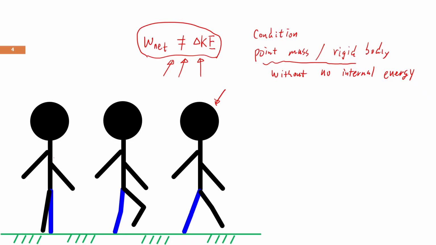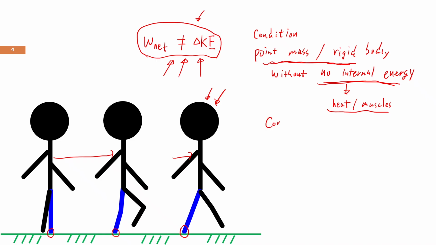Clearly, different parts of the person move differently, and the contact point never moves. But also, the person has a lot of internal energy. The person has heat, right? We have our body temperature. Also, we have muscles, tendons, and a lot of moving parts. So a person clearly has internal energy and clearly is not a point mass. As a result, for a walking person, we cannot use the work energy theorem.